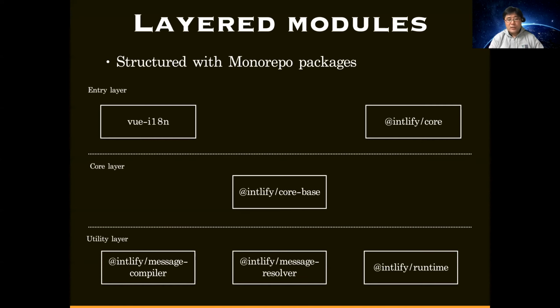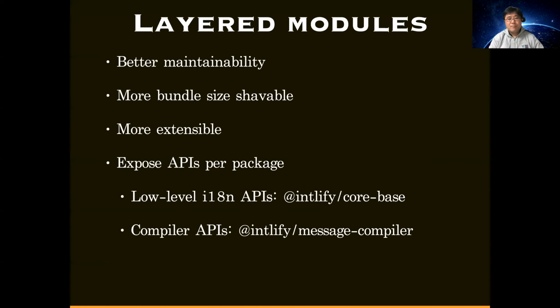The entry layer is a layer that provides entries as a library. Vue I18n is implemented as a plugin for Vue.js. Intlify core is implemented so that it can run in other environments. As you can see, Vue I18n has been made easy to maintain by modularizing the system by responsibility and feature.